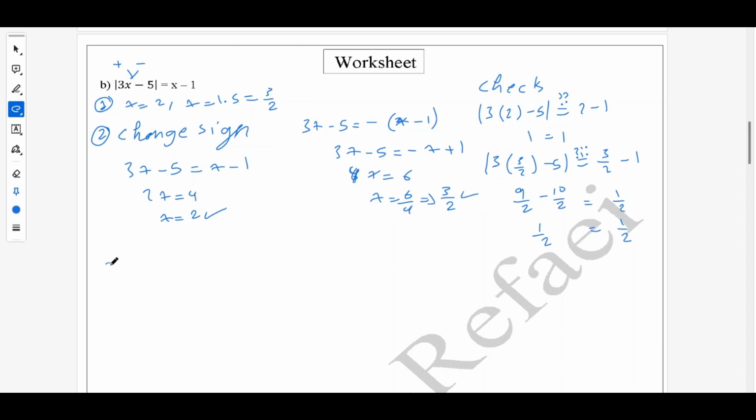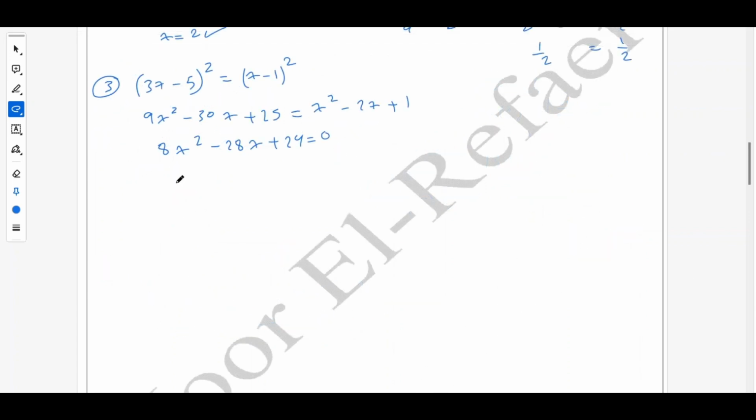Let's move to way 3. Square both sides. 3x minus 5 squared equals x minus 1 squared. 9x squared minus 30x plus 25 equals x squared minus 2x plus 1. 8x squared minus 28x plus 24 equals 0, divided by 2. 4x squared minus 14x plus 12 equals 0, divided by 2. 2x squared minus 7x plus 6 equals 0.